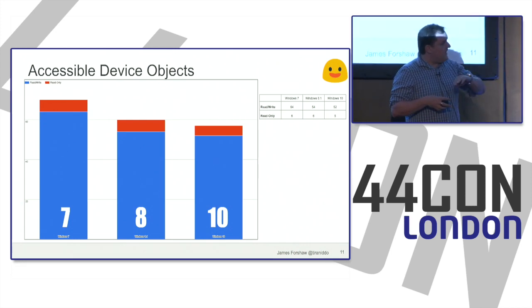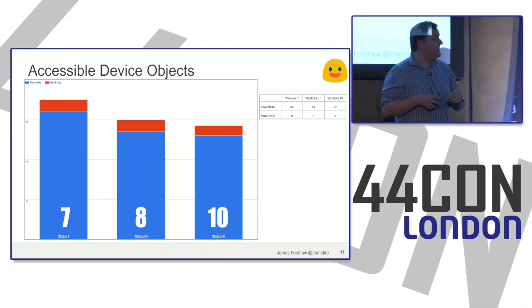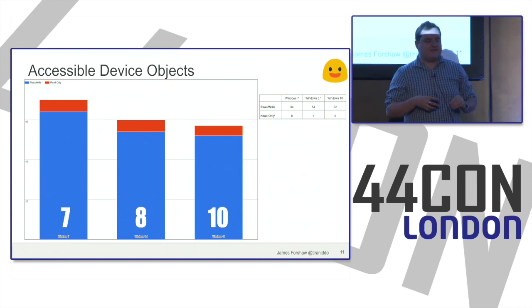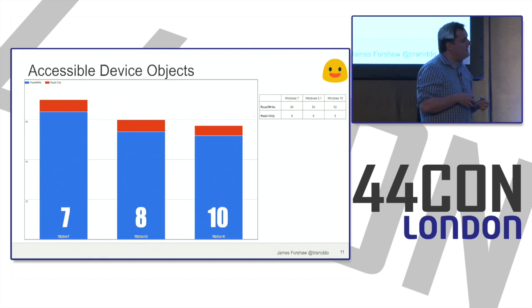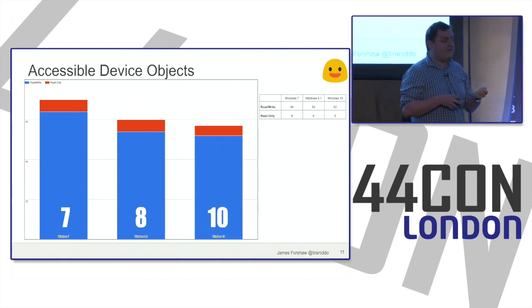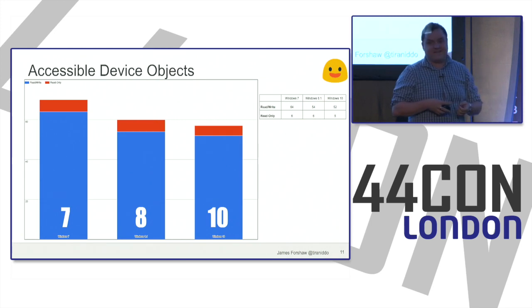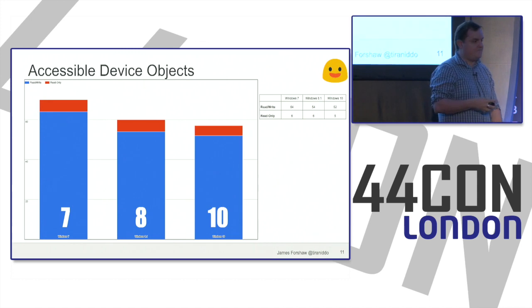And actually, it's good that it's gone down over time, it seems. 7 was considerably higher than 8, and then 10 is slightly less than 8. So in terms of drivers, direct attack surface, maybe less. Although potentially other drivers have been consolidated into one or something like that, who knows? But this is just sort of throwaway statistics. It's just to give you a measure of what is actually happening.